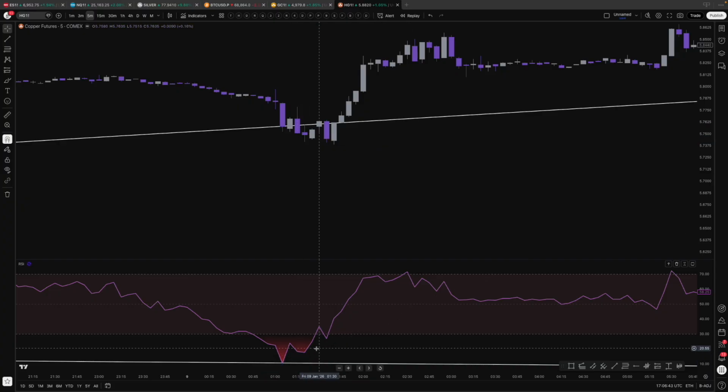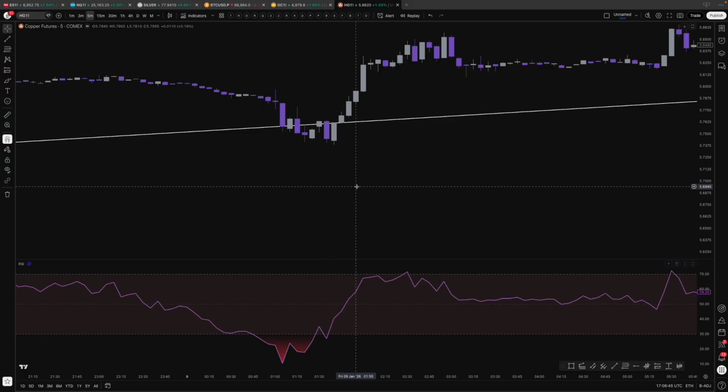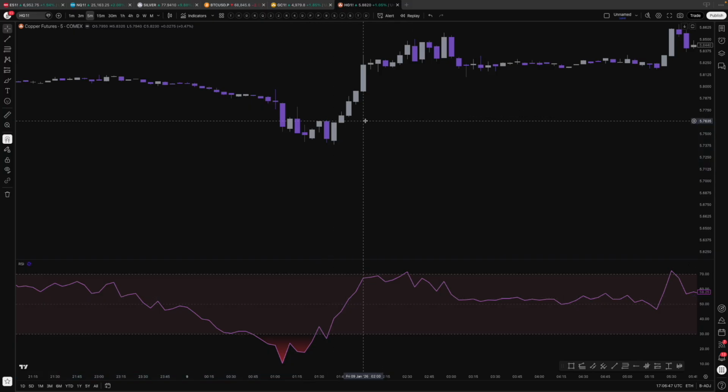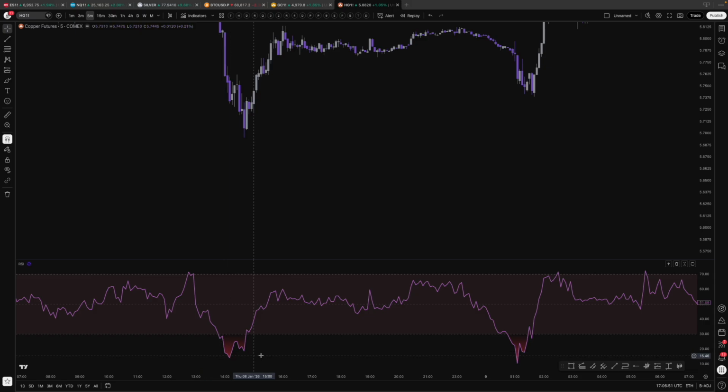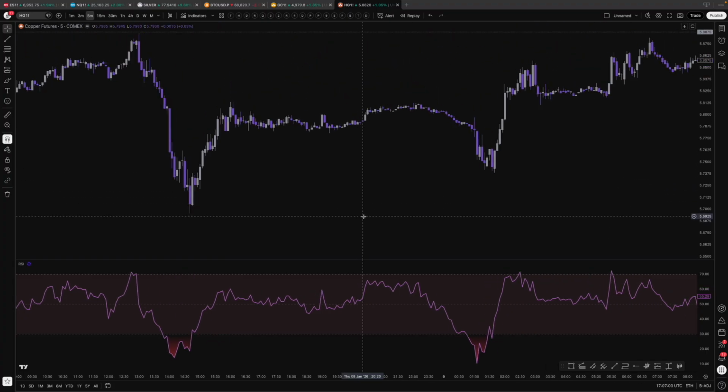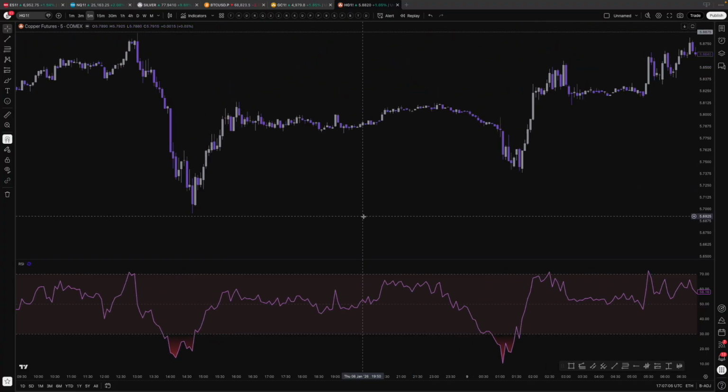I hope that makes sense. So wide divergences and narrow divergences, both are great. A lot of people do not like narrow divergences, so it's up to you. However you like to play this out, that's fantastic.